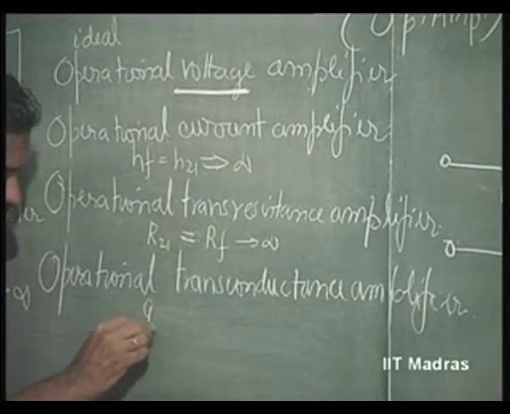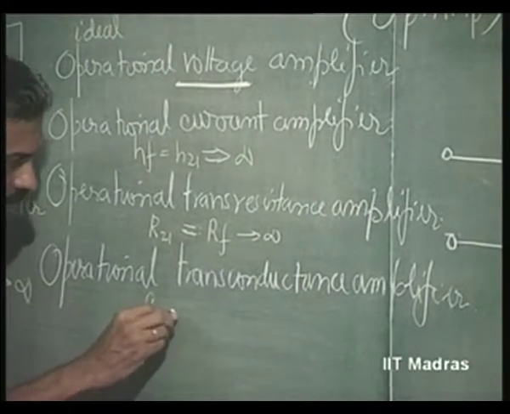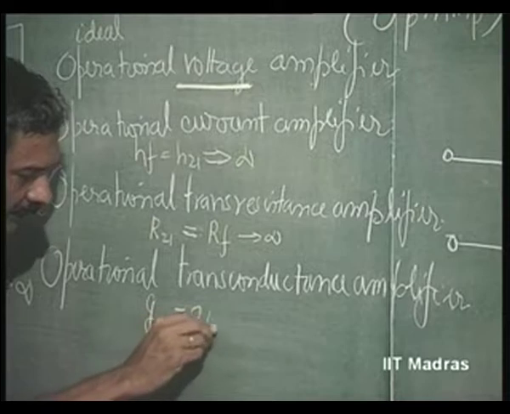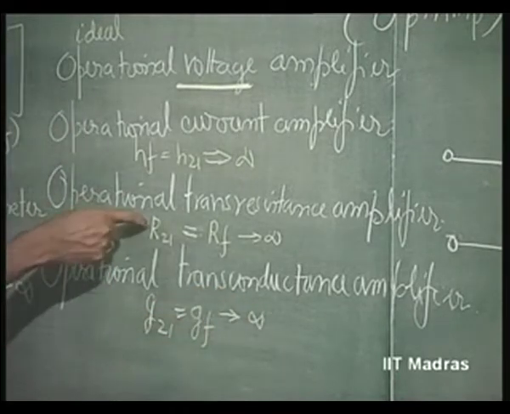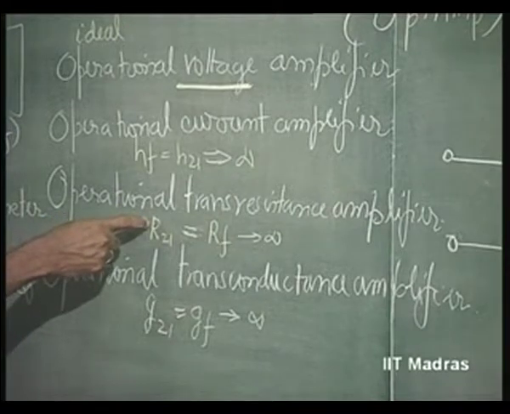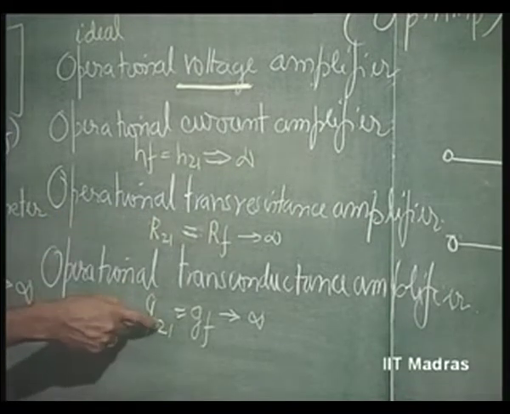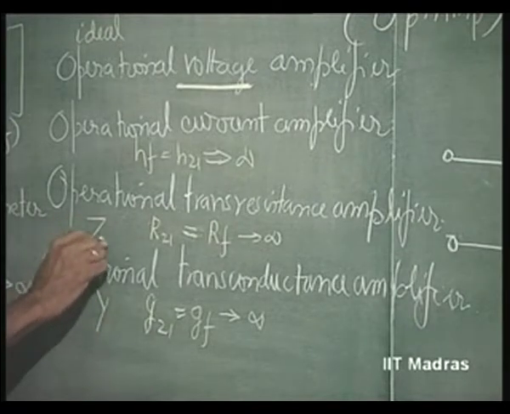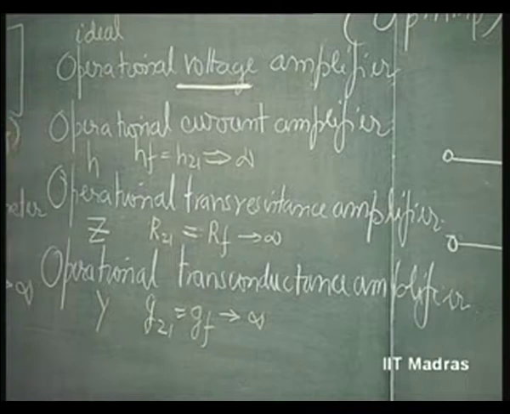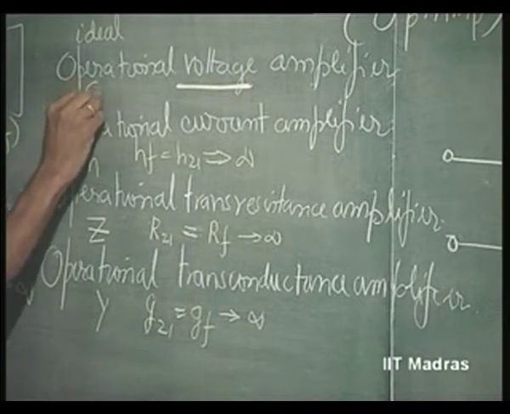Here G21 equal to GF goes towards infinity. This is Z parameter, okay. This is Y parameter, okay. Y parameter, Z parameter, H parameter and G parameter.